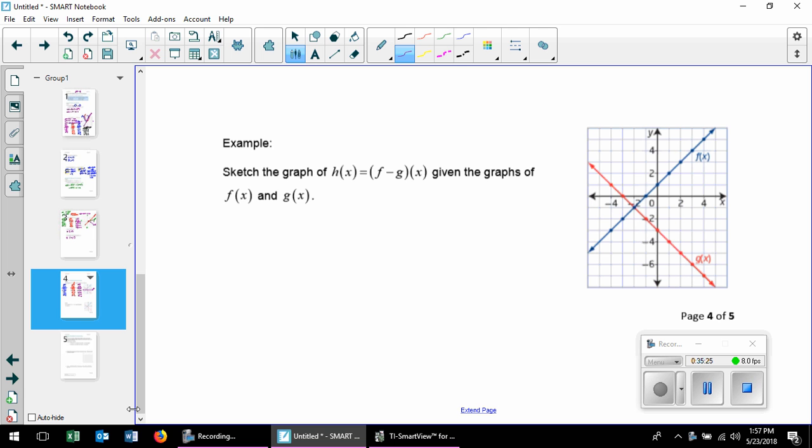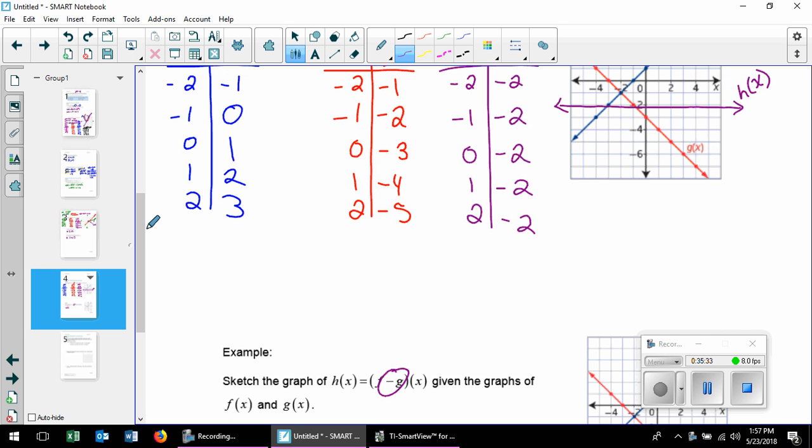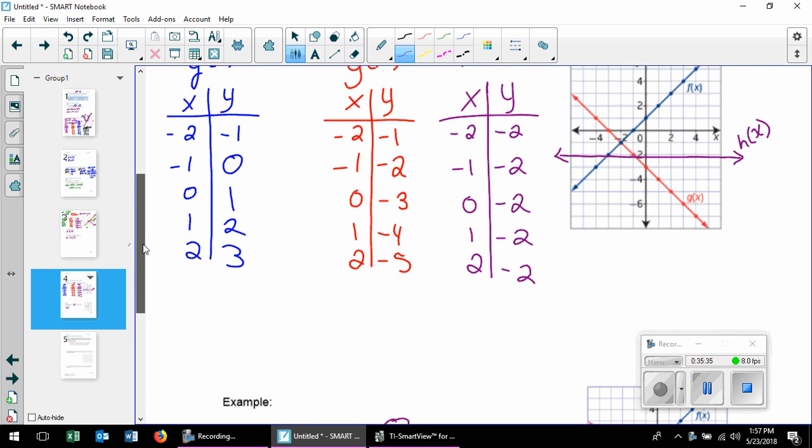All right. So exact same graph, but now what are we doing with them? Subtracting them. So because I already have the tables done, let's do that really quickly. So I'm just going to start my table here. So my x values are -2, -1, 0, 1, 2.